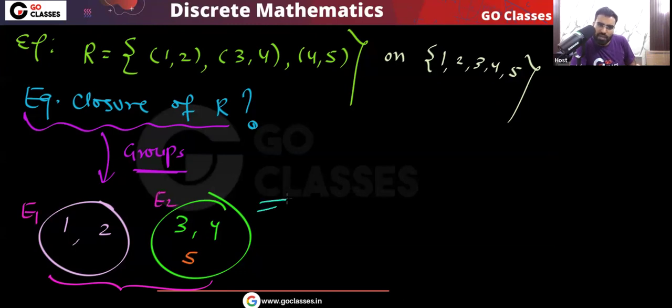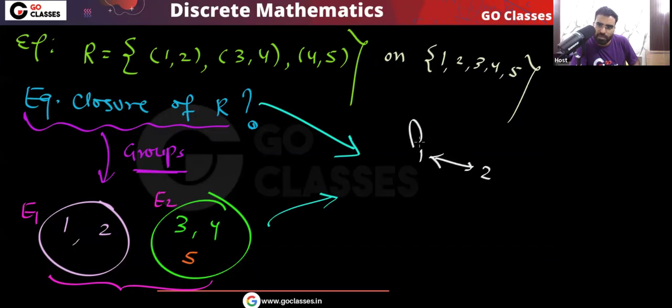And now finally, what will be your equivalence closure? Okay, the equivalence closure will be like this: 1 is related to 2, 2 related to 1. Okay, self loop, means this is a group. Within a group, everyone is related to everyone. Within an equivalence class, every element is related to every other element. Also itself, means self loop.